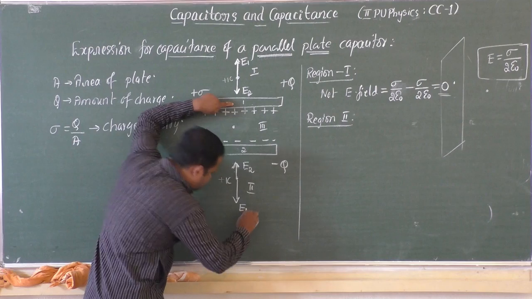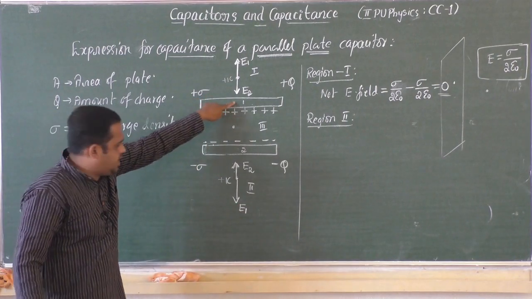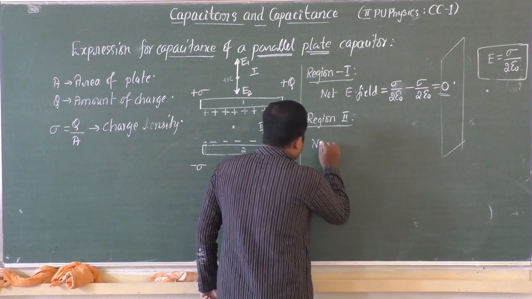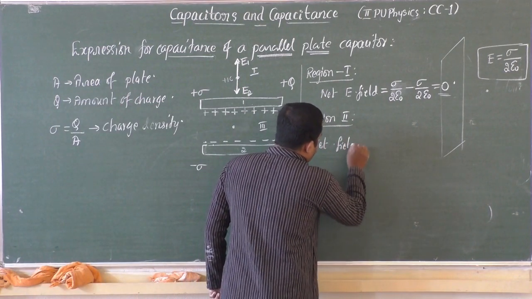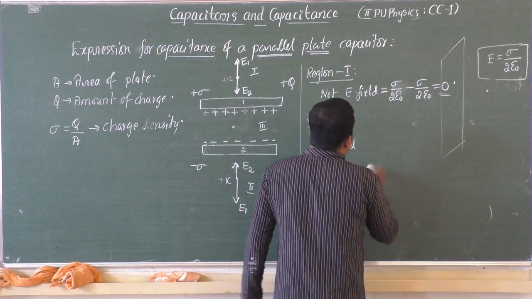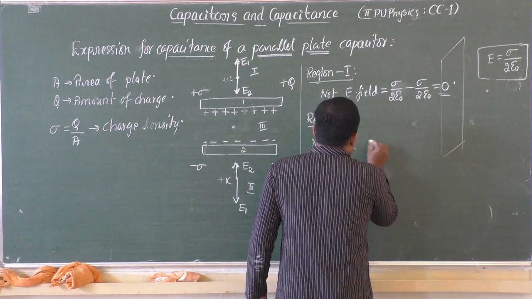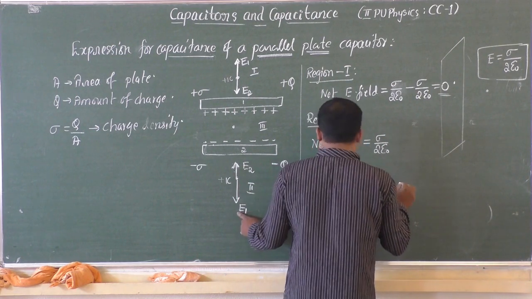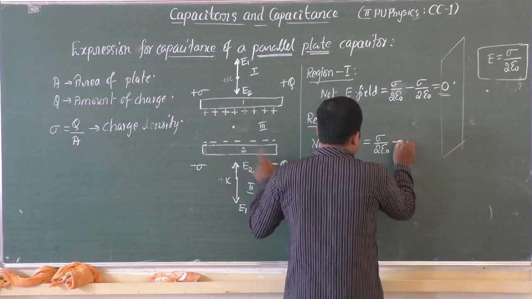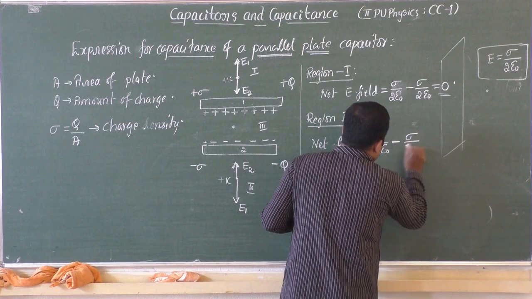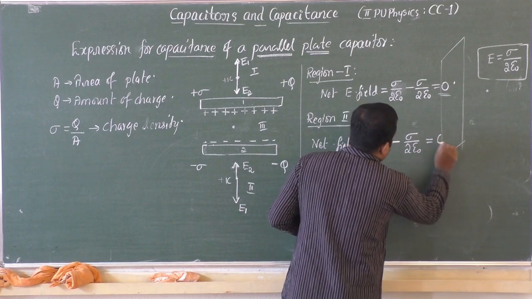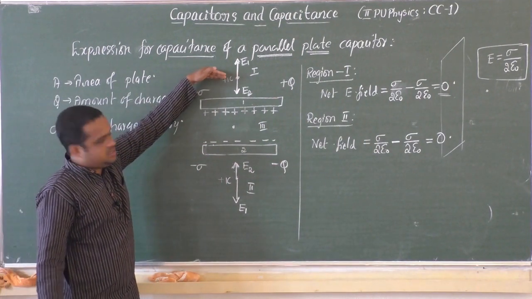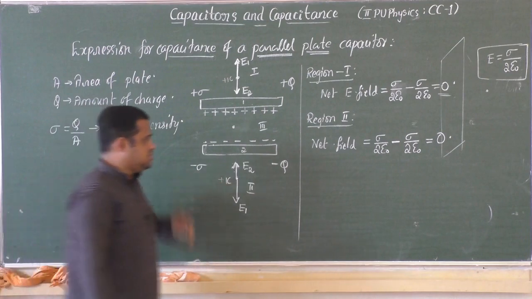Therefore this is the direction of electric field due to the first plate, E1, and E1 and E2 are once again opposite to each other. So net electric field in region 2 is sigma divided by 2 epsilon naught, that is the first plate. E2 is in opposite direction, therefore minus sigma divided by 2 epsilon naught, which is also equal to 0. Electric field in this region is 0.